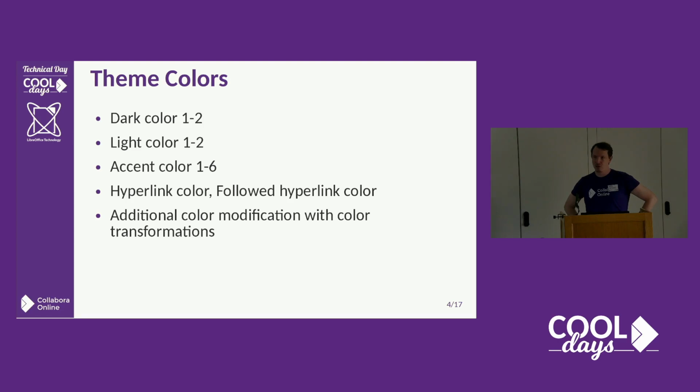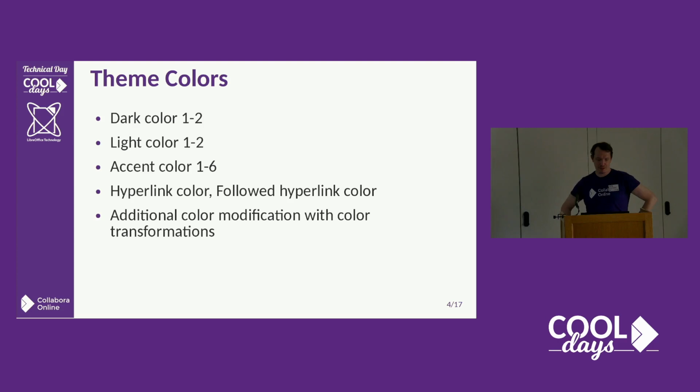Usually you want a dark color for text and a light color for the background, but if you change for the dark theme, for example, you can also invert this if you want, for example, your slides to have the dark background and then light color. This is why it's not specified like text and background, but dark and light.